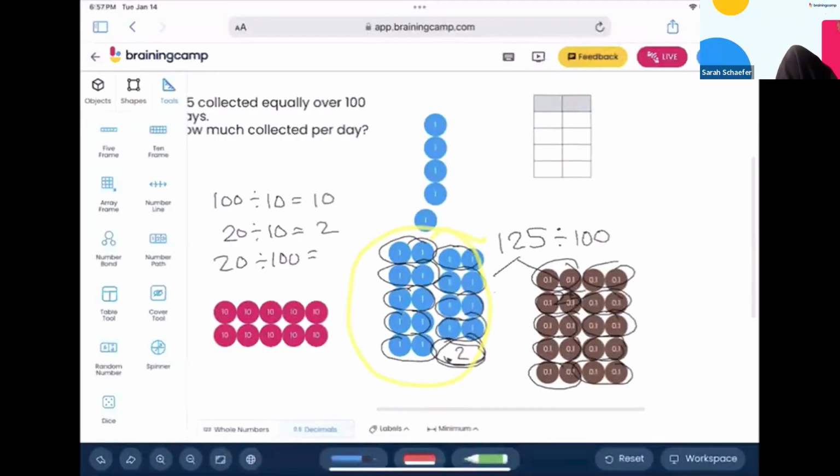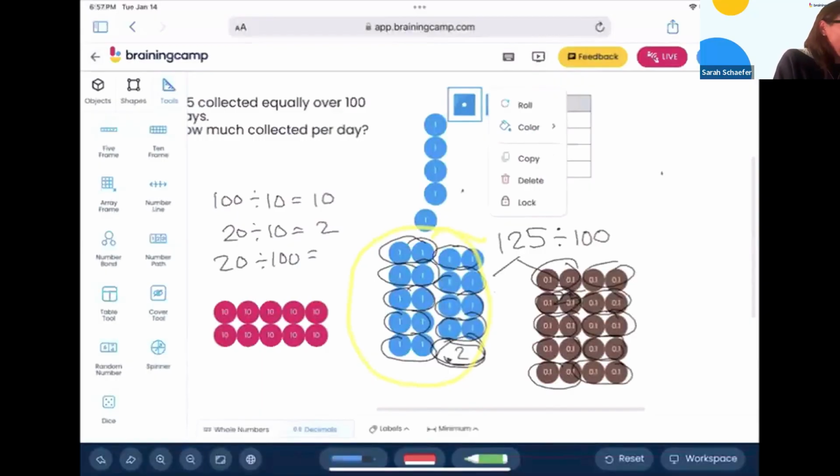I bring in a die and put it here, and then I bring in another die and put it here.